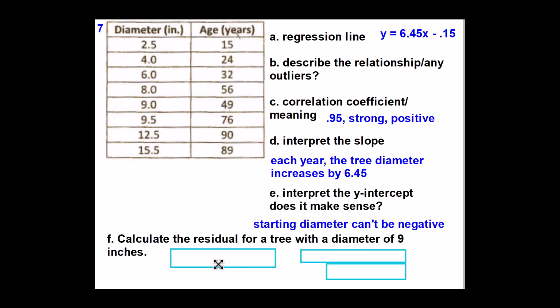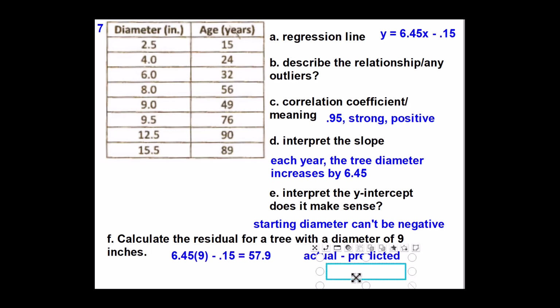We want to calculate the residual for a tree with a diameter of 9 inches. So when we graph that, you can look at 9, or you can actually put the 9 in here. Slope times x, 9, minus 0.15 is 57.9.